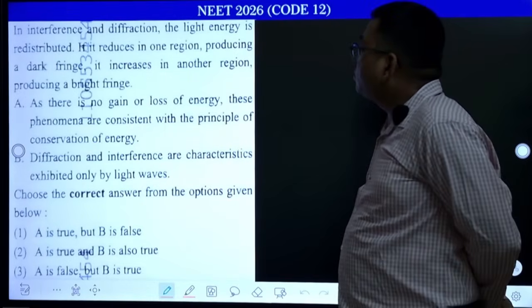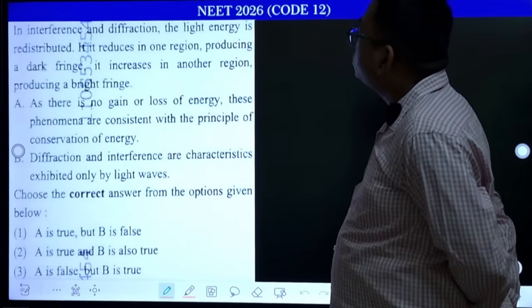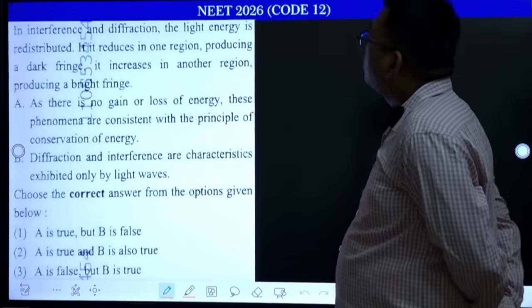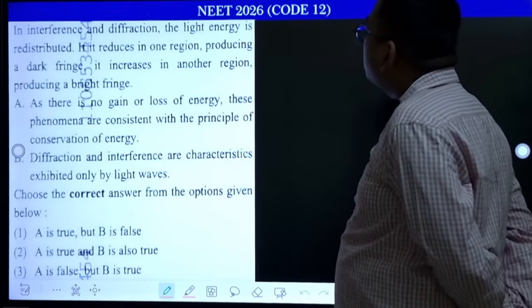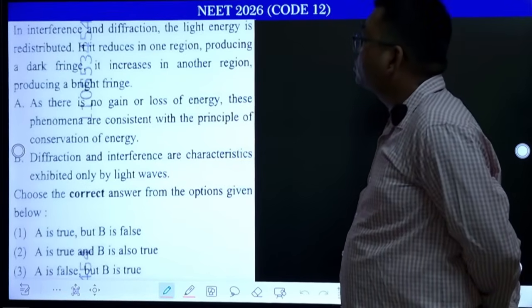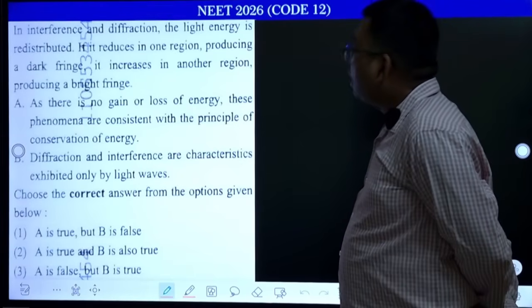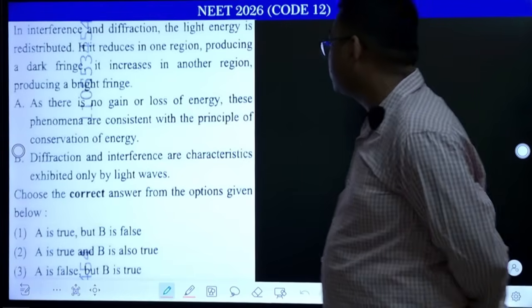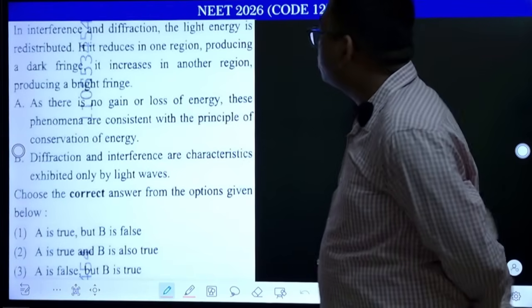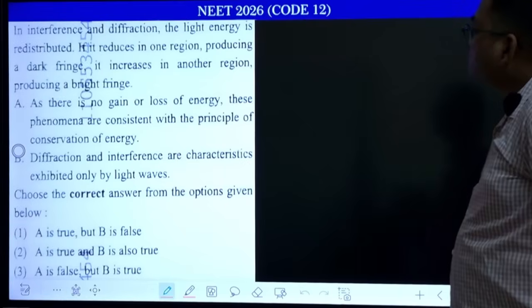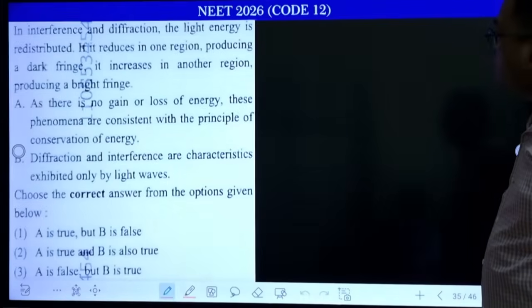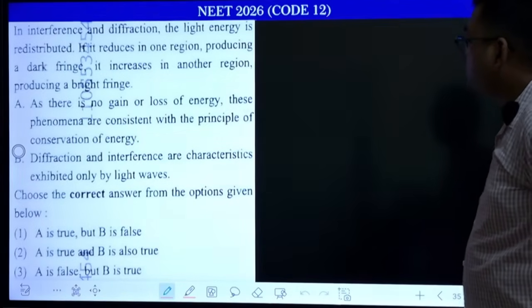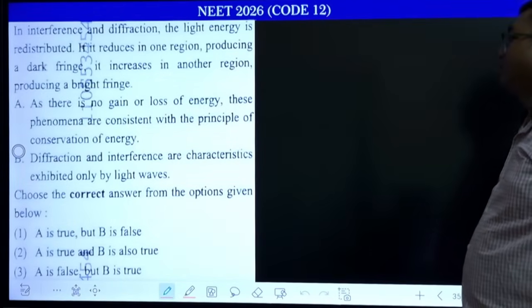In interference and diffraction, the light energy is redistributed. If it reduces in one region producing a dark fringe, it increases in another region producing a bright fringe. As there is no gain or loss of energy, this phenomenon is consistent with the principle of conservation of energy. Diffraction and interference are characteristics exhibited only by light waves.